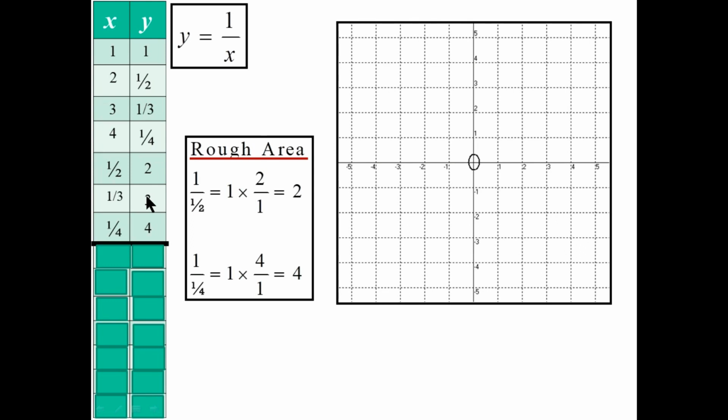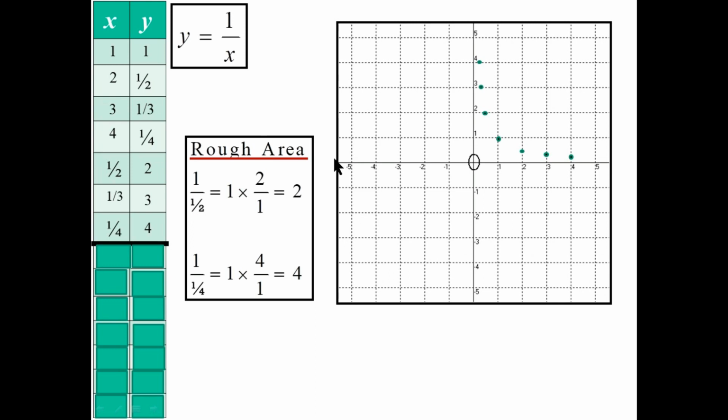Let's take a look at them. There's (1, 1), there's (2, 1/2), there's (3, 1/3), there's (4, 1/4). Then we have (1/2, 2), so we have to be careful and go halfway to 1, (1/3, 3), and (1/4, 4). So these points are all going on our graph.